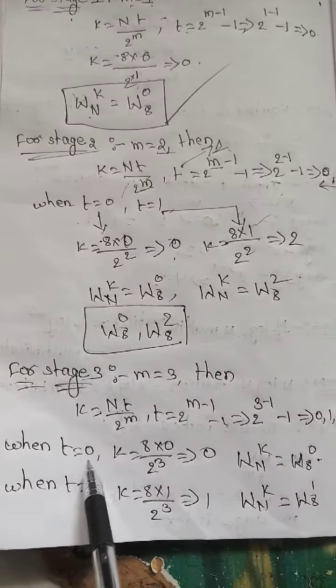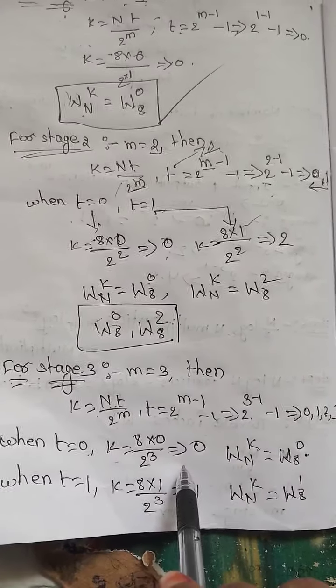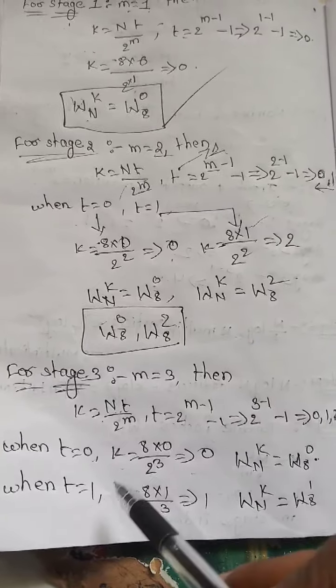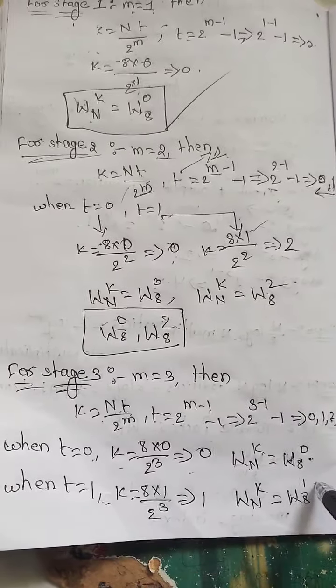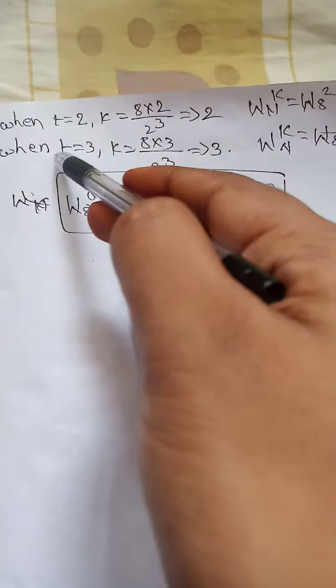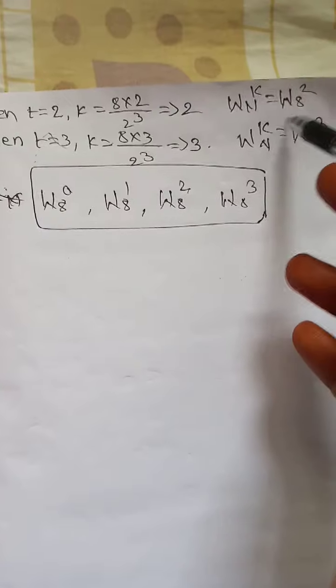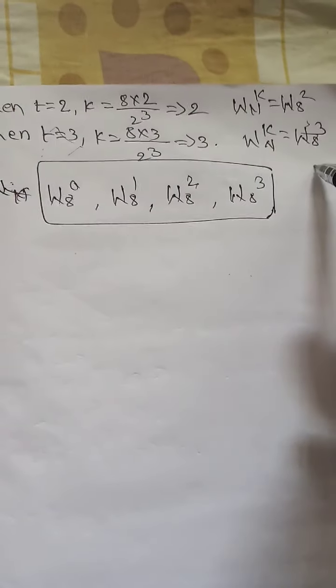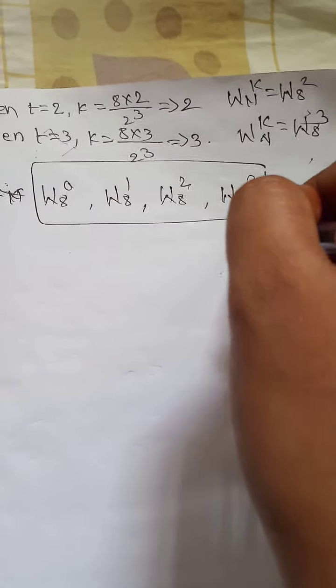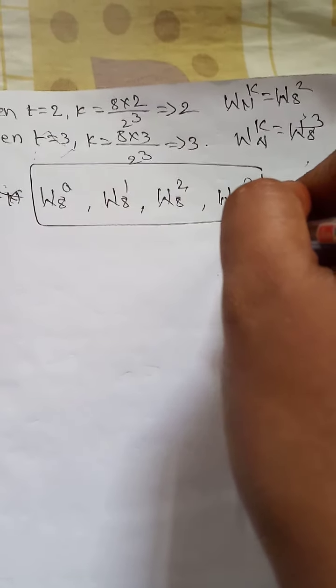For t equal to 0, k value is 0, so the twiddle factor is W8 of 0. Likewise for t equal to 1, the twiddle factor is W8 of 1, for t equal to 2, W8 of 2, and for t equal to 3, W8 of 3. So here we got 4 twiddle factors in stage 3.